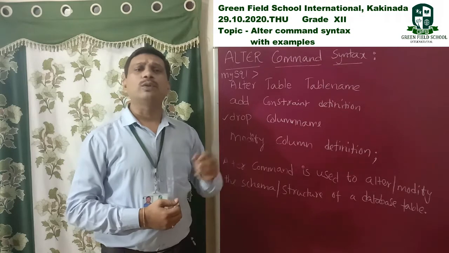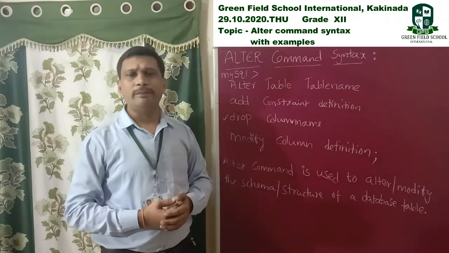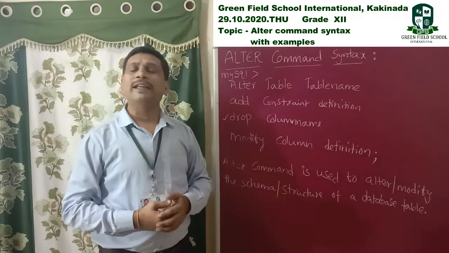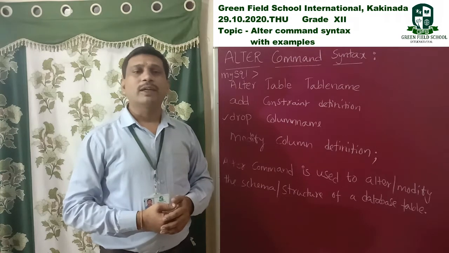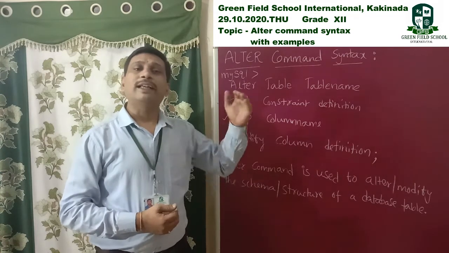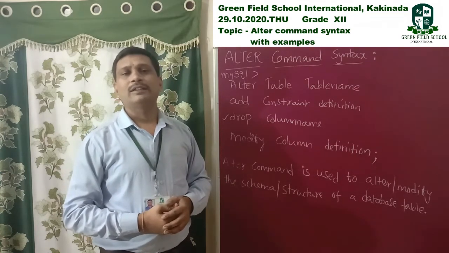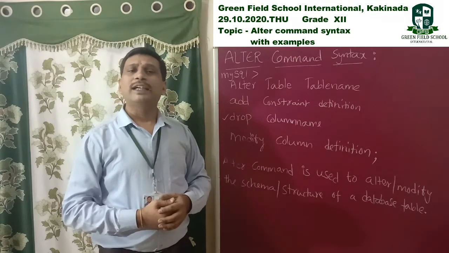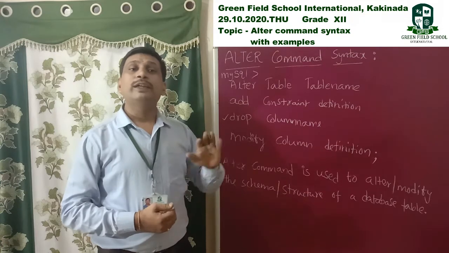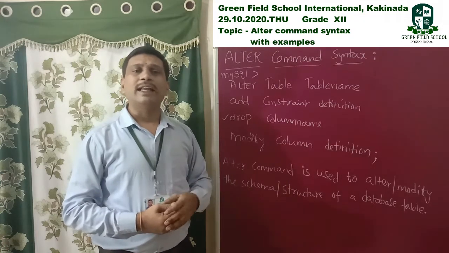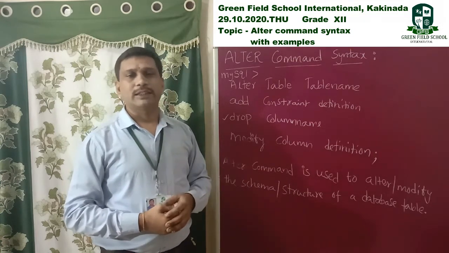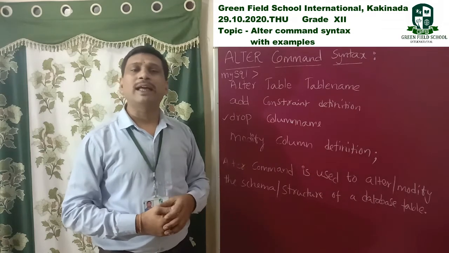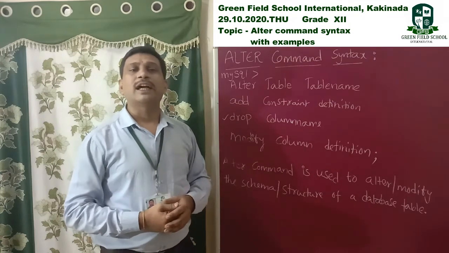I require only two columns, employee number and employee name. The salary column I do not require. Then I remove the entire column with data. Removing one particular specified column with data means we change or alter the database structure.